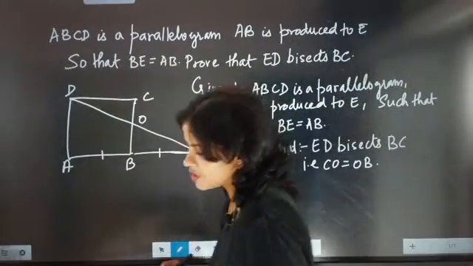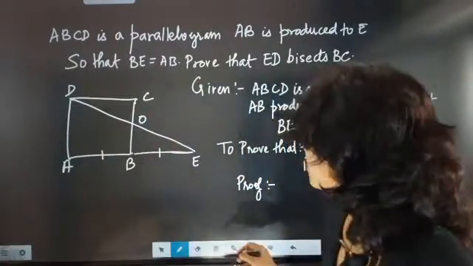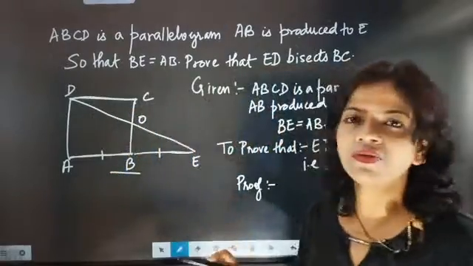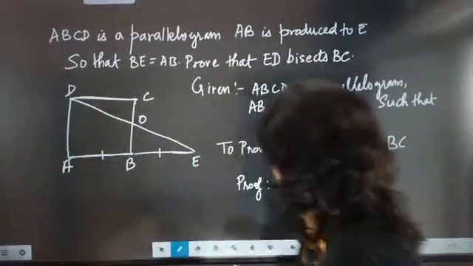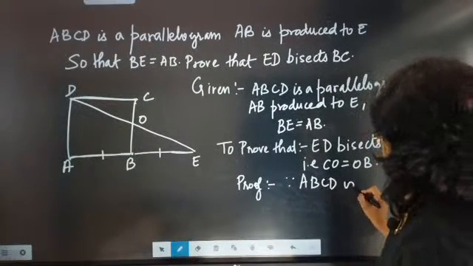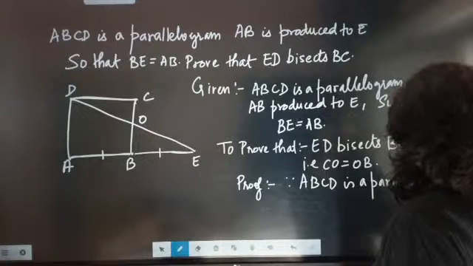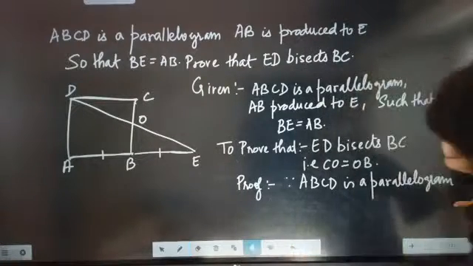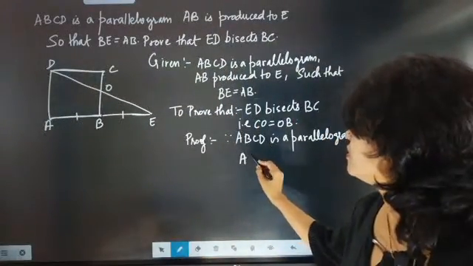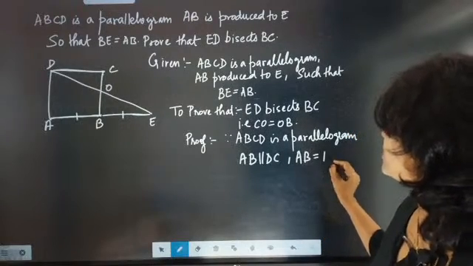In the proof section, how are we going to start? Come on, quickly tell me. I am going to do one small thing. We know that ABCD is a parallelogram, so AB will be parallel to DC. And AB will be equal to DC.